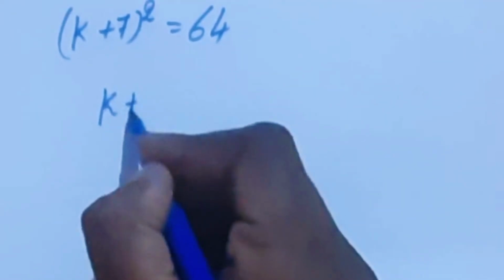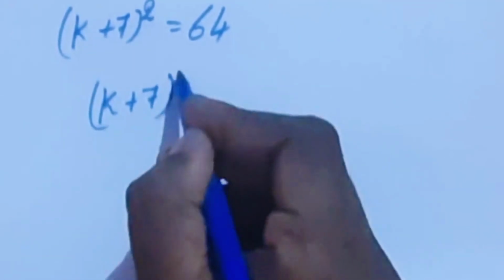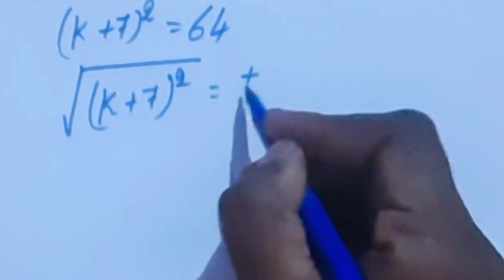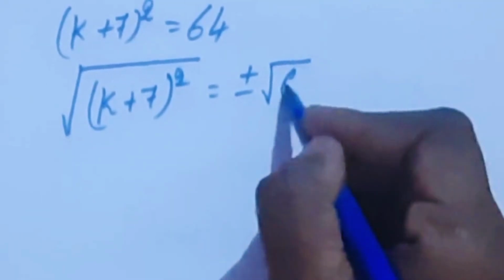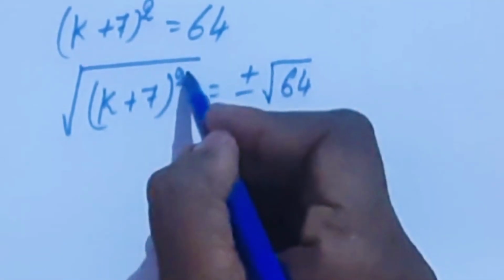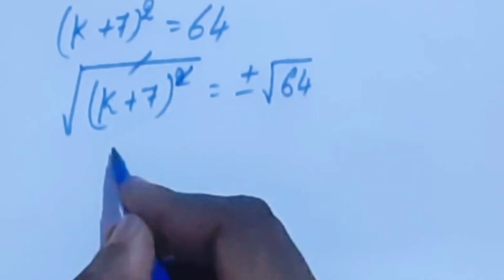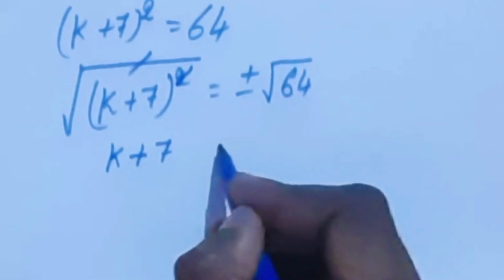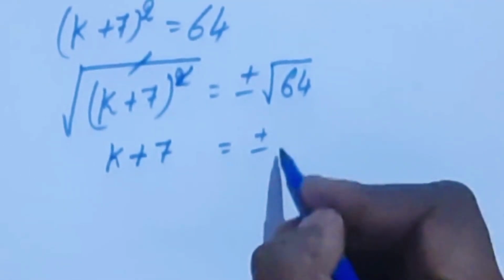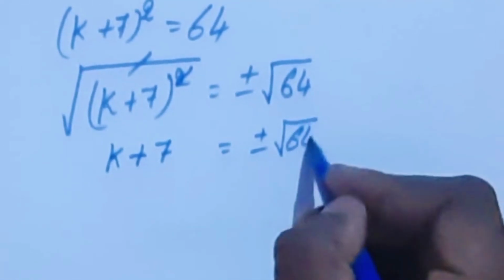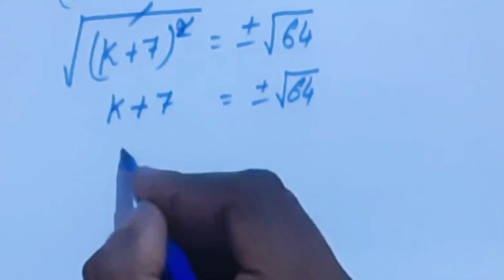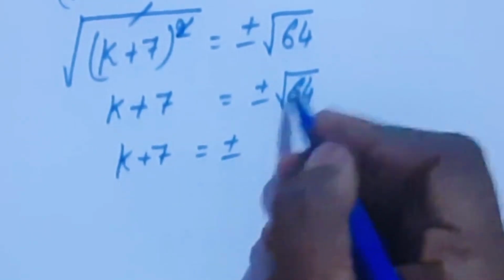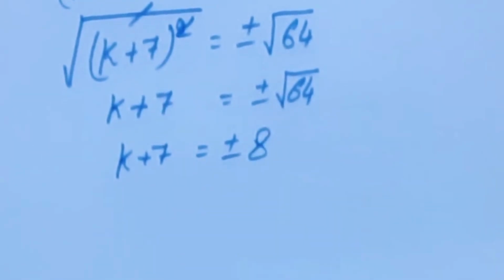So the square root of (k + 7)^2 equals plus or minus the square root of 64. Now this square and square root cancel each other. Here we have k + 7 equals plus or minus the square root of 64, which is 8.